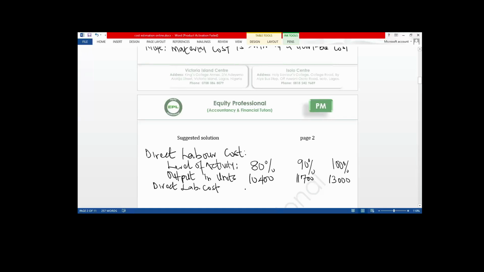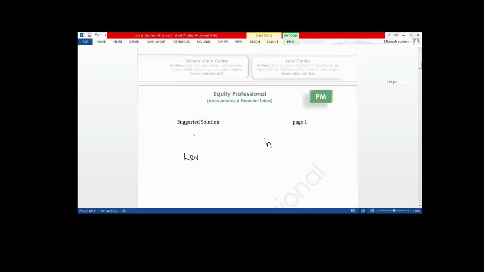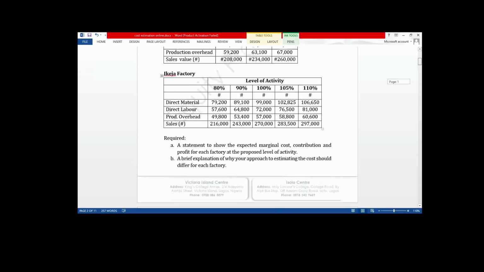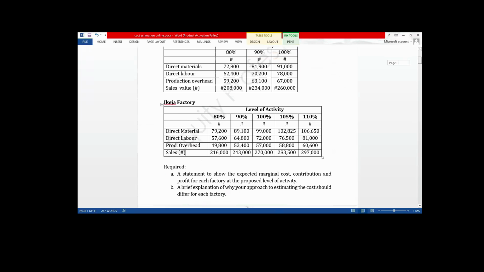Now, please go check the labor cost for Apapa. Labor cost 62,400, 70,200, and 78,000.